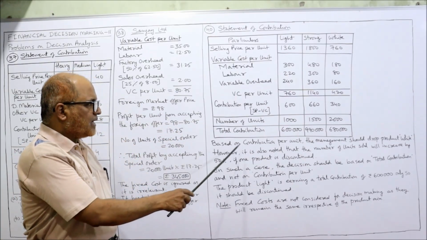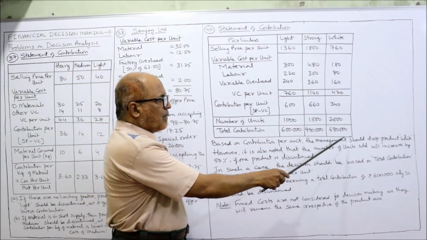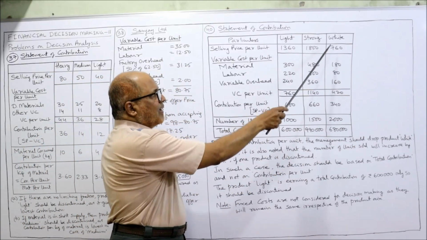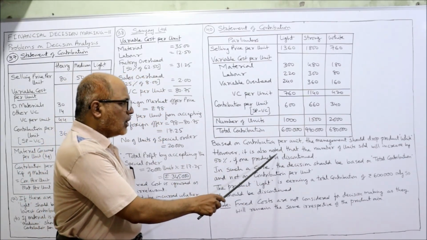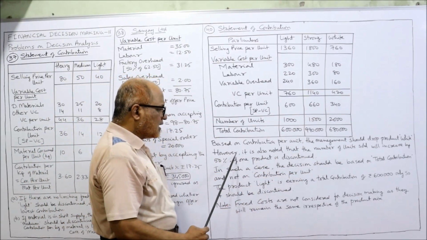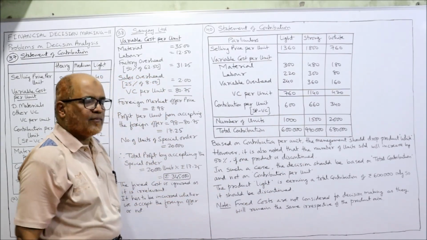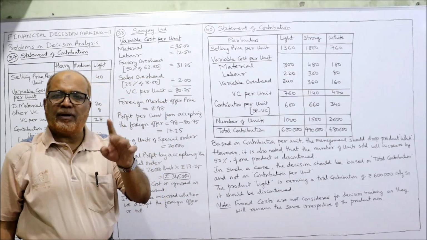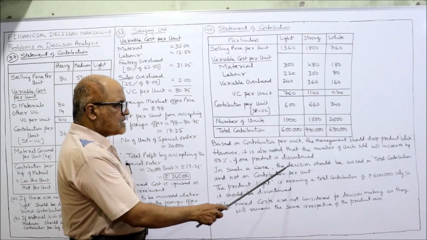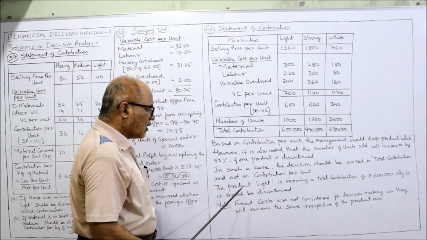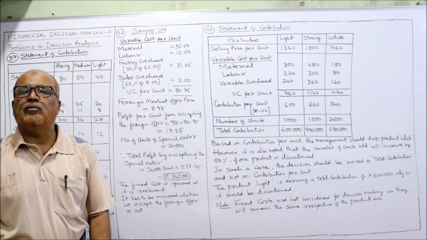That's all. So here, based on contribution per unit, the management should drop the product white. White should be dropped because its contribution per unit is less. However, it is also noted that the number of units sold will increase by 50% if one product is discontinued. If one product is dropped, the other products' sales will increase by 50%. In such a case, the decision should be based on total contribution and not on contribution per unit.